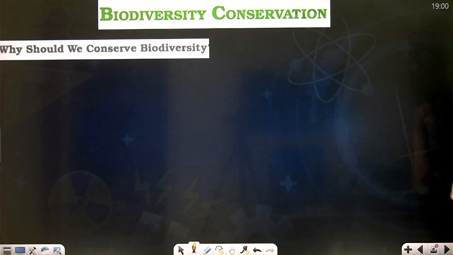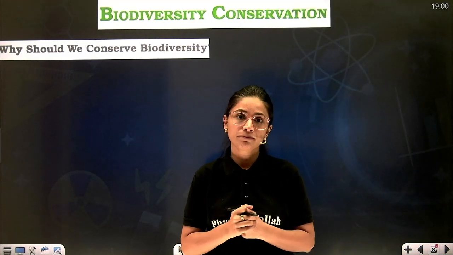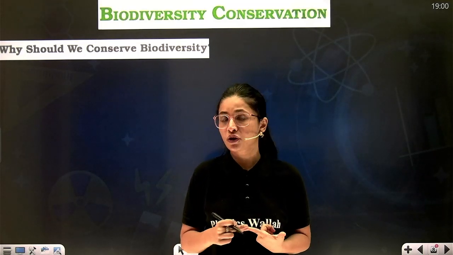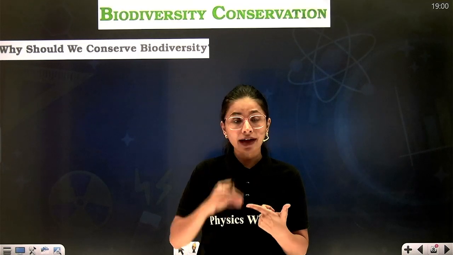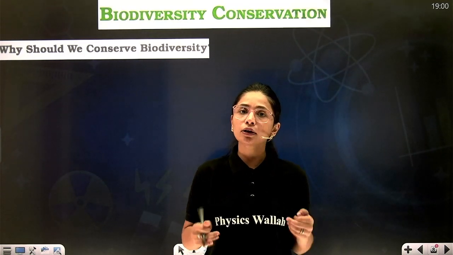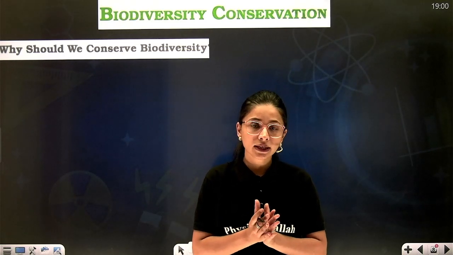Now, next you have to see how to conserve biodiversity. The main problem is, see, you have seen the importance of biodiversity, that now we have realized that this is very important for ourselves. And you also know the causes of biodiversity loss.